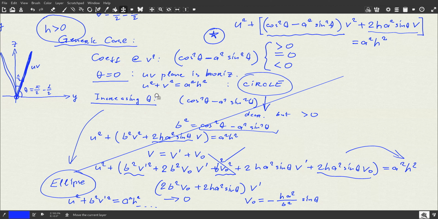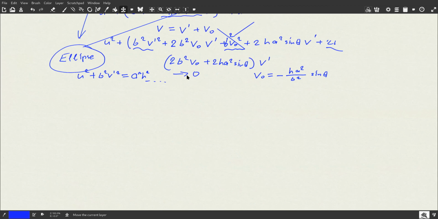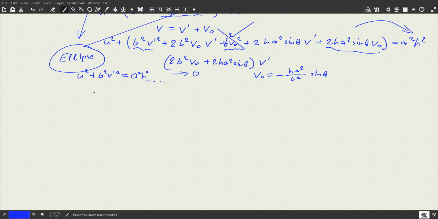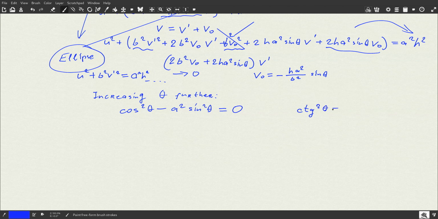Then, increasing theta further, we eventually got a value where cosine squared theta minus a squared sine squared theta equals 0, which means that again cotangent squared theta equals a squared.